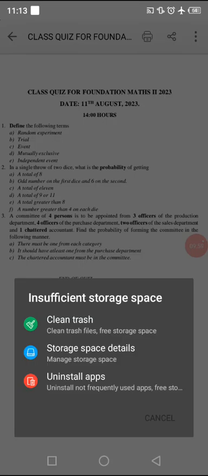It says a chartered accountant. What is the probability of forming a committee in the following manner, of which the chartered accountant must be in the committee? So getting your data, exhaustive case, your exhaustive case is equal to 10 combination 4.